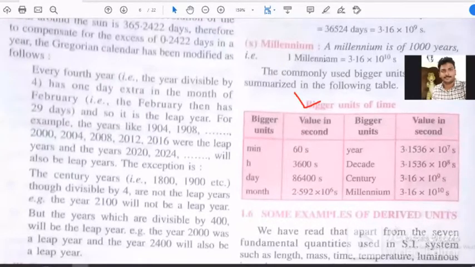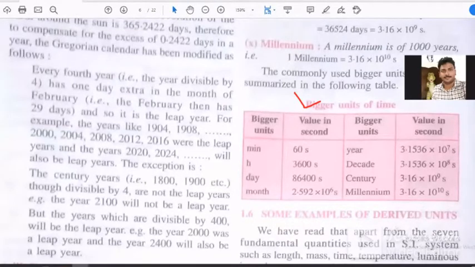One of your friends, Atharv, is saying that sir, 2100 is divisible by 4. I know that, but 2100 is a century year. So a century year should be divisible by 400, not 4. A century year has to be divided by 400, and only then can we say whether the year is a leap year or not. A century year means a year where the number comes under the table of 100.